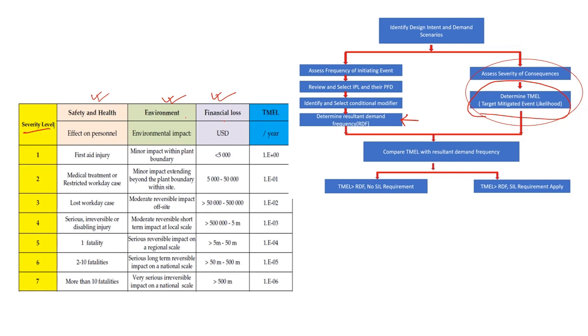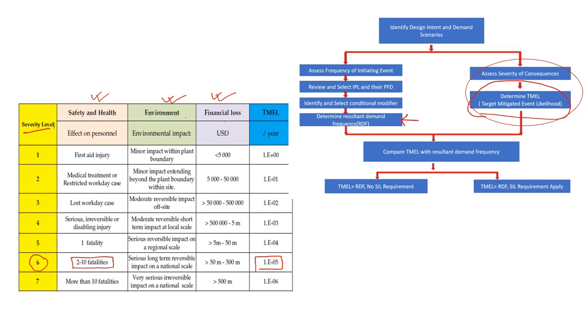So to get a standardization, right? So you can say that, like in this case, we have denoted that the health and safety severity is 6. That means we have 2 into 10 to the power 2 to 10 fatalities, and this means that TMEL will be 1E minus 5.